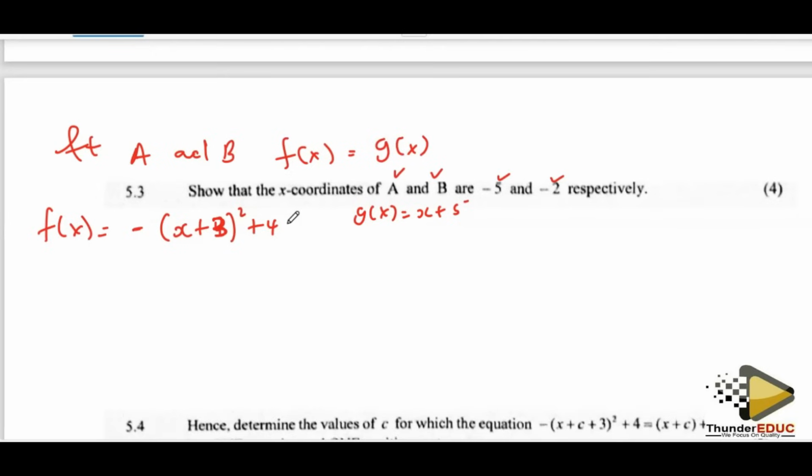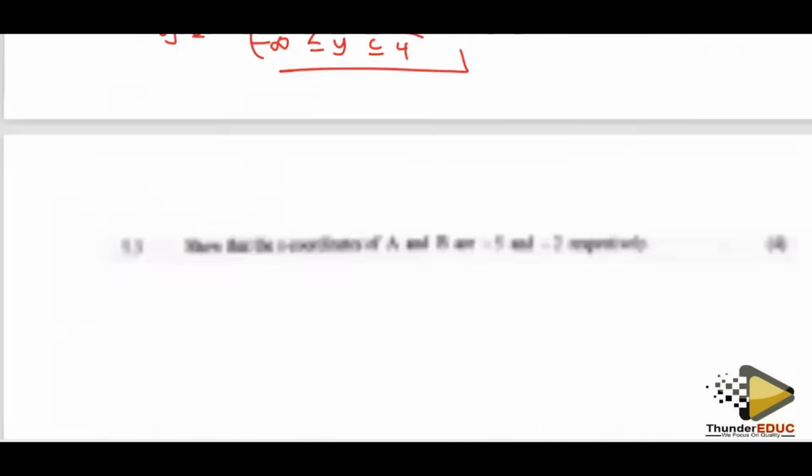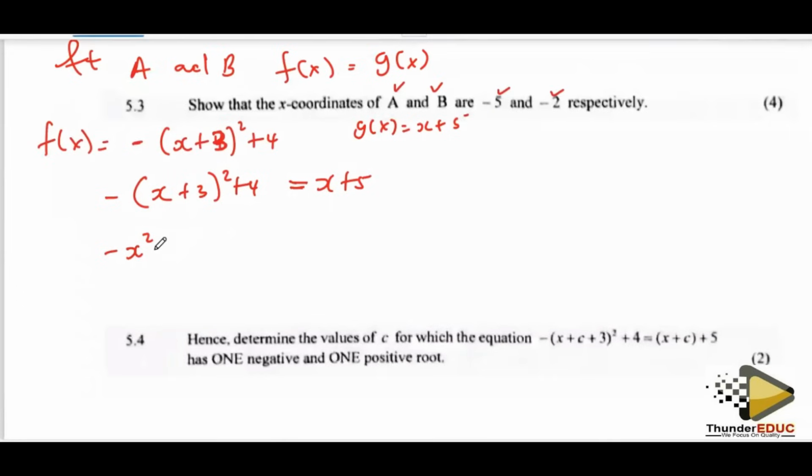So I'm going to solve this simultaneously and equate everything. I'm going to say -(x + 3)² + 4 should be the same as x + 5. Remember, we opened this up earlier and had -x² - 6x - 5, so -x² - 6x - 5 is equal to x + 5.